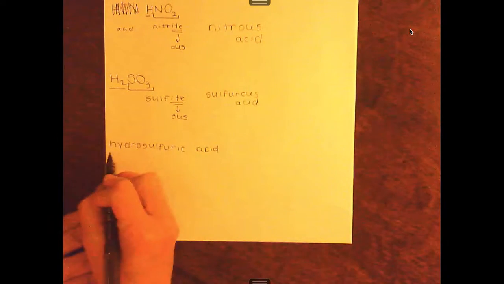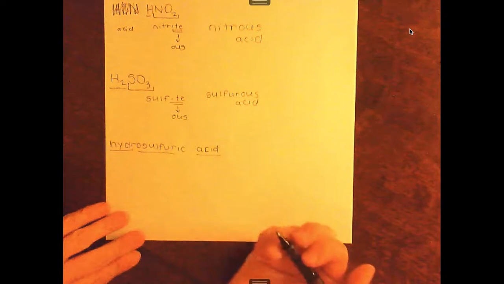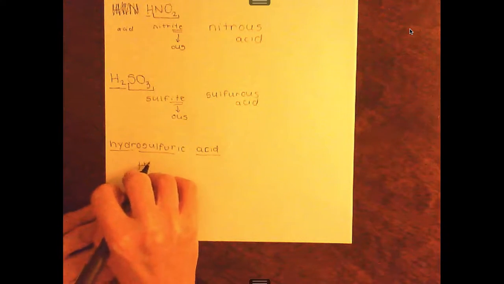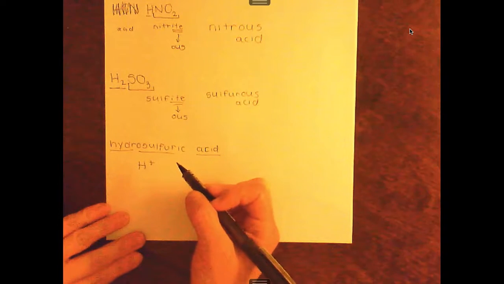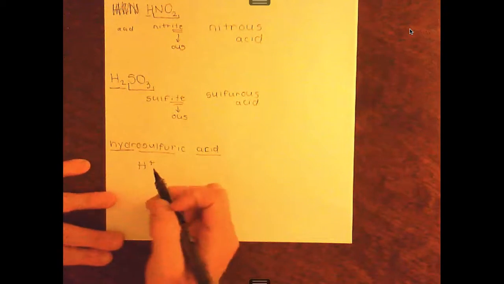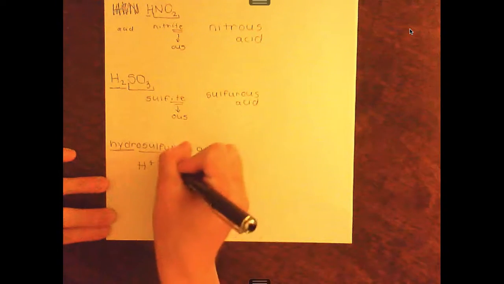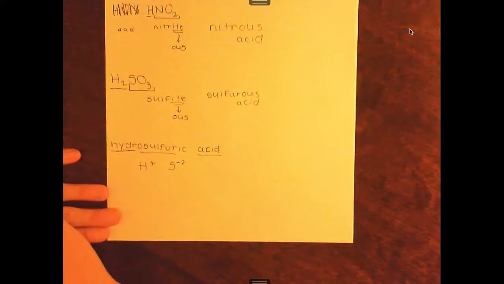The last one we want to look at is hydrosulfuric acid. Again, this time we're writing out the chemical formula, so we know it's an acid. We're going to put that hydrogen with the +1 charge. Notice that this is not a polyatomic ion, and I know that because I see that prefix hydro, which means we're dealing with one nonmetal here, and I can see that it's sulfur. If you look up sulfur, sulfur has a -2 charge.